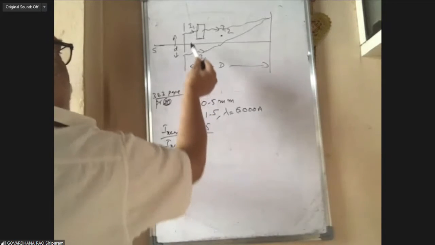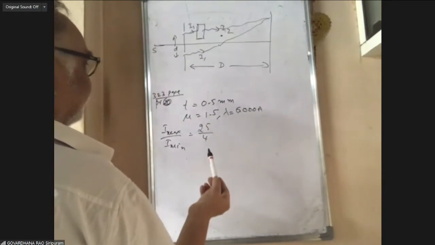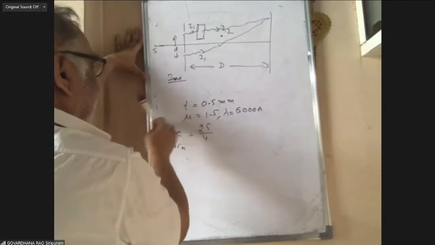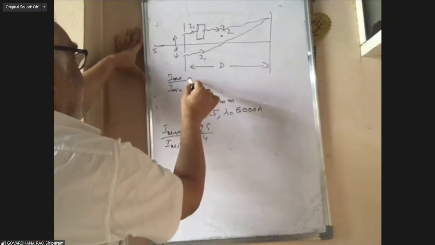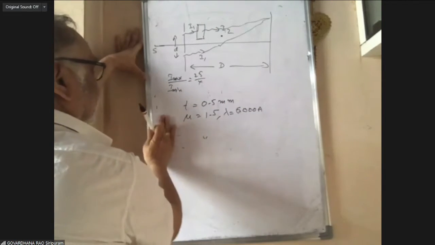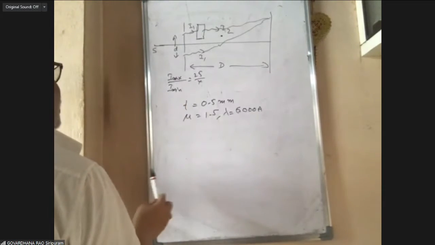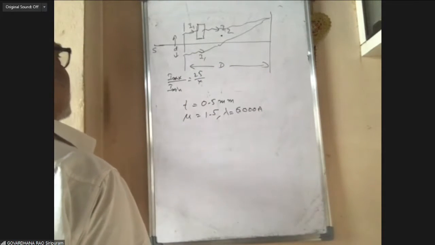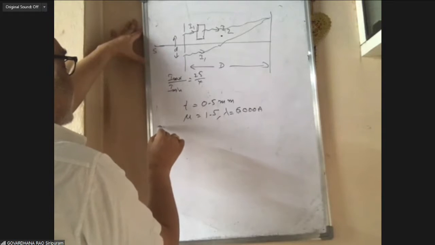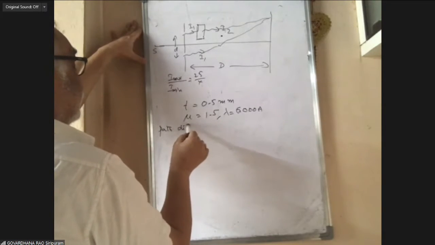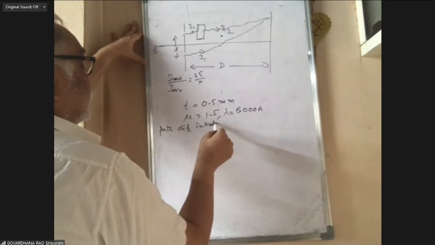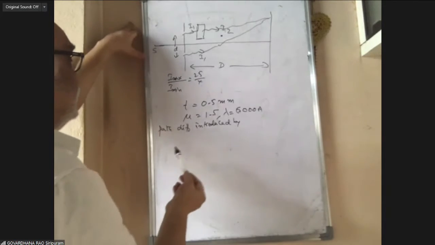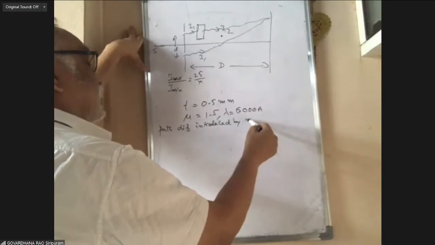First, what is the path difference introduced by this? I maximum by I minimum is given as 25 by 4. Now the question is, what is the path difference introduced by the mica sheet?